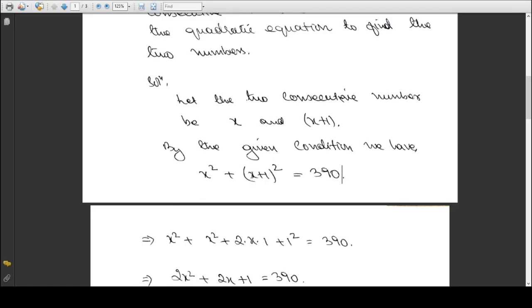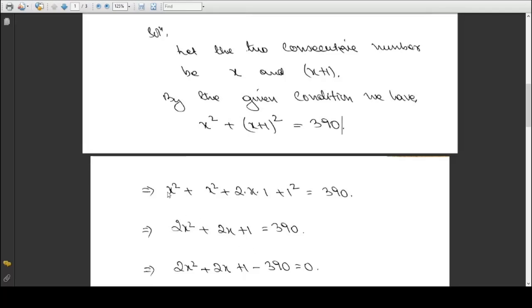Taking a as x, b as 1, the expansion of (a plus b) squared will be a squared, that is x squared, plus twice a times b, that is 2 times x times 1, plus b squared, that is 1 squared, is equal to 390. Then here we have x squared plus x squared, you have 2x squared, then plus 2 multiplied by x is 2x, multiplied by 1 remains the same, that is 2x, 1 squared is 1 multiplied by 1, that is 1. On the right side we have 390.